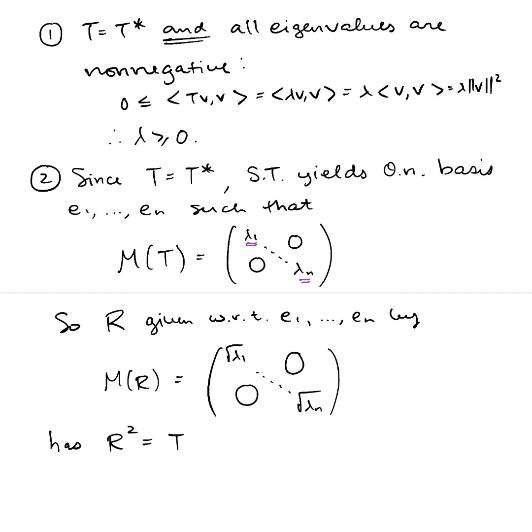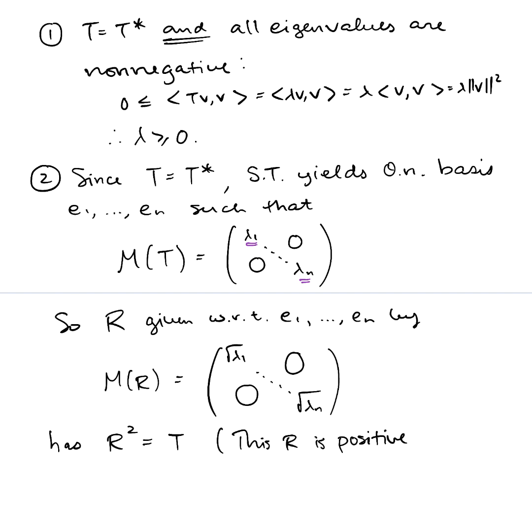Well, if you do that matrix twice in a row, you get the matrix for T. So R defined in that way is a square root. And not only that, this R is positive. It is itself a positive operator. It's clearly self-adjoint. I mean, there it is.